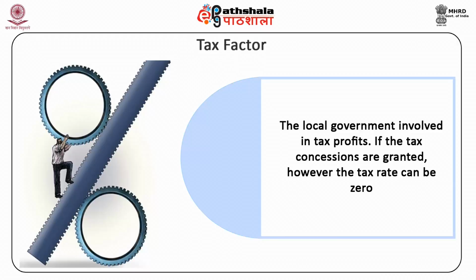If tax concessions are granted, however, the tax rate can be zero. Generally, the company pays a withholding tax to the local government on that portion of profit which is remitted in the form of dividends, interest fees, and royalties. However, tax can be avoided if it is taken in the form of loan repayment.